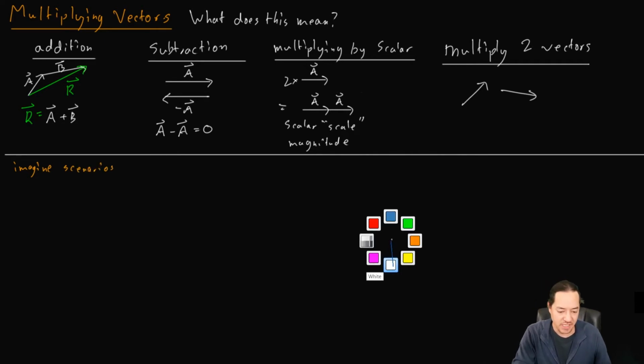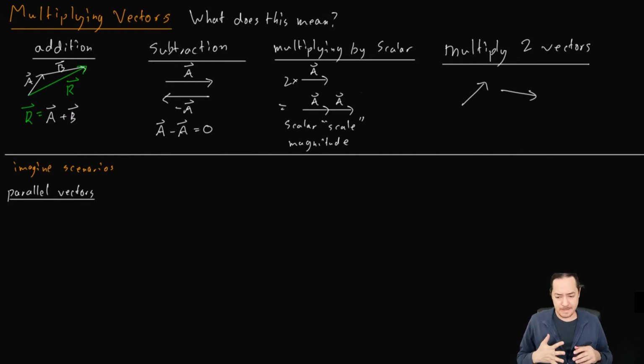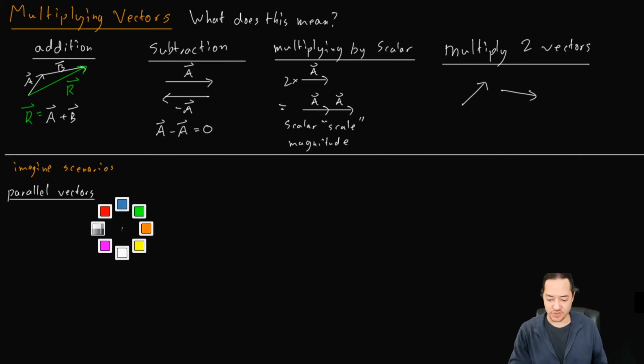I want to use our imagination for a few different scenarios, and I want to start with the simplest possible scenario that I can imagine, and that is where we have parallel vectors. If we have two parallel vectors facing in the same direction and try to multiply them together, that's probably the simplest scenario. So let's start out with a vector here.